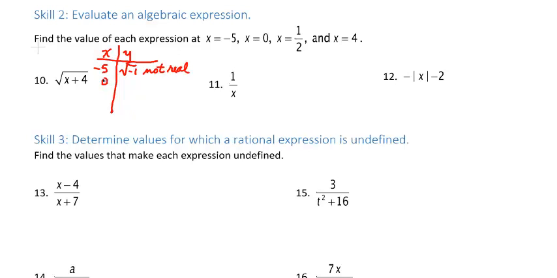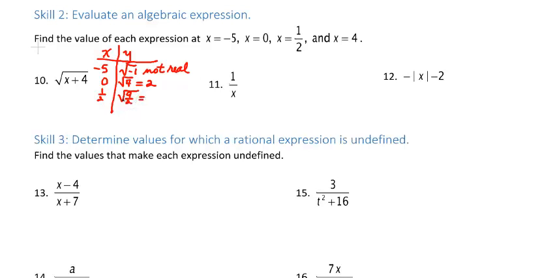If we substitute 0 for x, the square root of 4 is 2. If we substitute 1/2, we would have to add 1/2 to 4 by getting a common denominator. 4 is really 8 halves, so 8 halves plus 1/2 would be 9 halves.